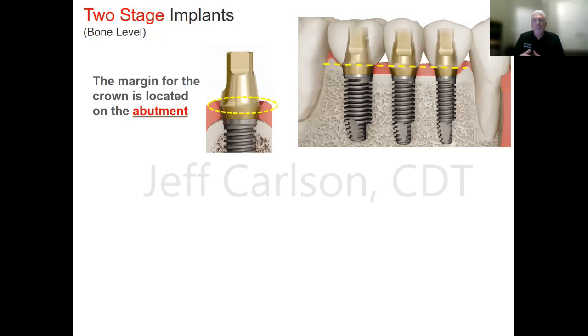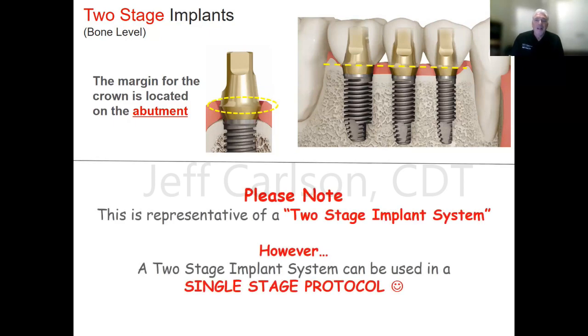So this scenario is a two-stage implant, and then you have more flexibility. The margin of the crown would be on the abutment, and this can be modified, be it by design in CAD/CAM, or if it's a pre-machined abutment, it can be modified with a burr.